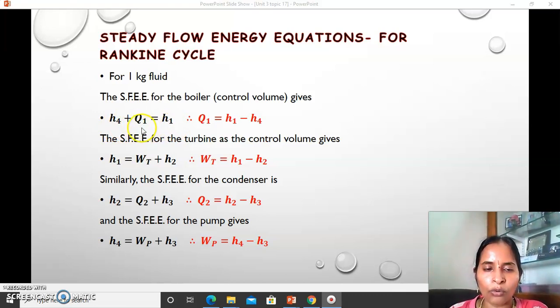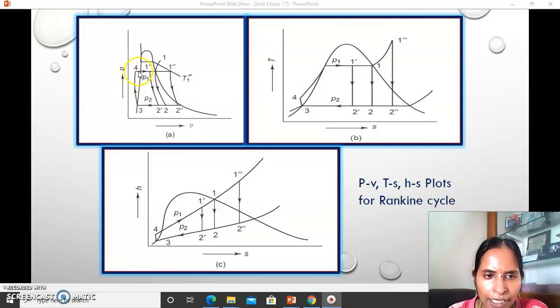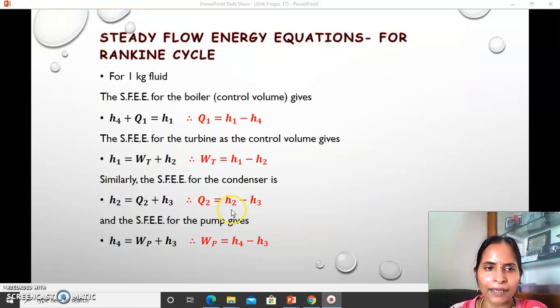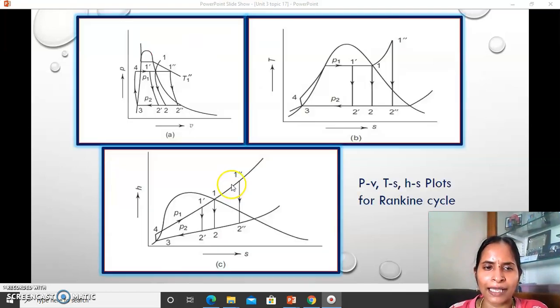So the enthalpy at 4, H4, which is the saturated liquid, plus the heat supplied Q1, gives the enthalpy H1.